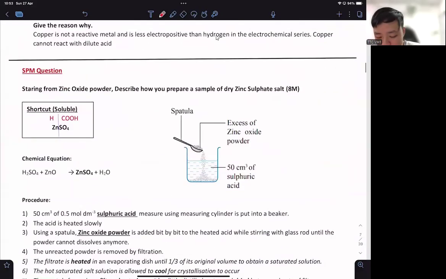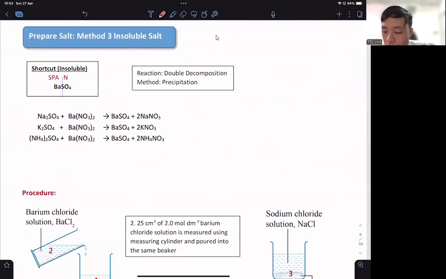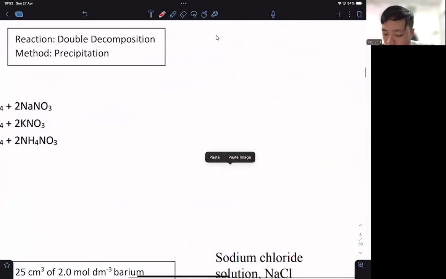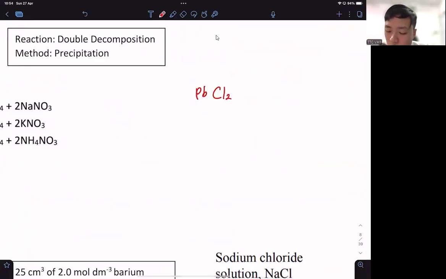Then how about this? Let's say I want to prepare PbCl2. How do I prepare it? You ask yourself, is PbCl2 soluble or insoluble? PbCl2 is insoluble, it cannot dissolve in water.